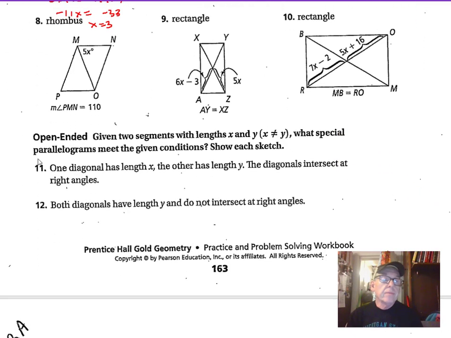Let's look at number 8. They want us to see what we can do to turn number 8 into a rhombus. So let's see, we got the measure of MPN, M to P to N, this angle here. They're saying it is 110 degrees.